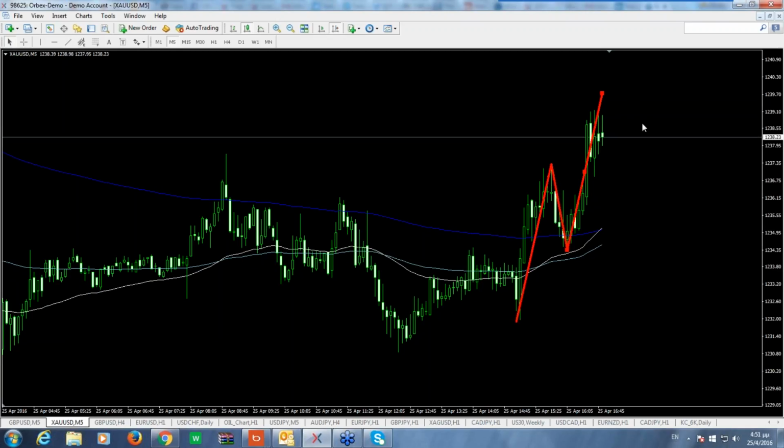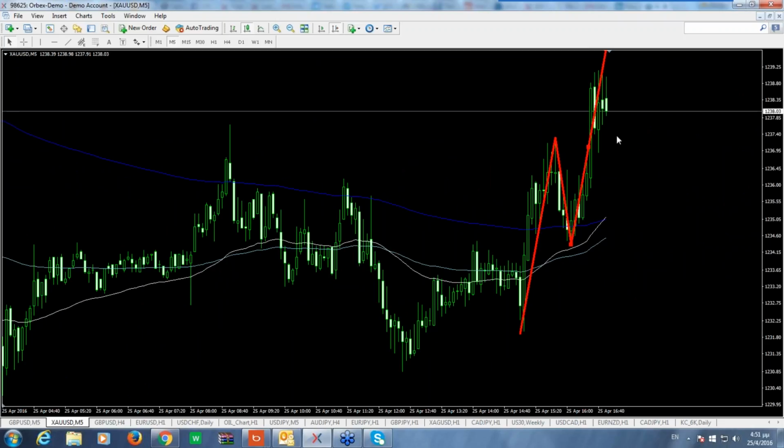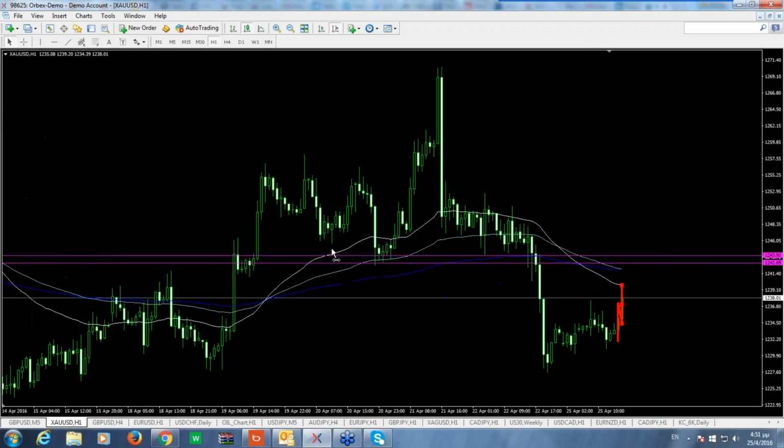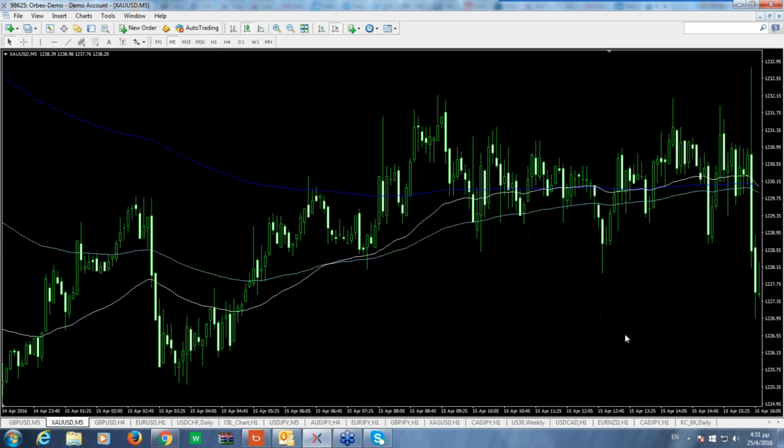Okay, so we look at prices concentrated in that area, and now on the 5-minute chart it is heading downwards. On the 1 hour, we have looked into a lot of resistance in that area, and then we check on the 5 minutes.